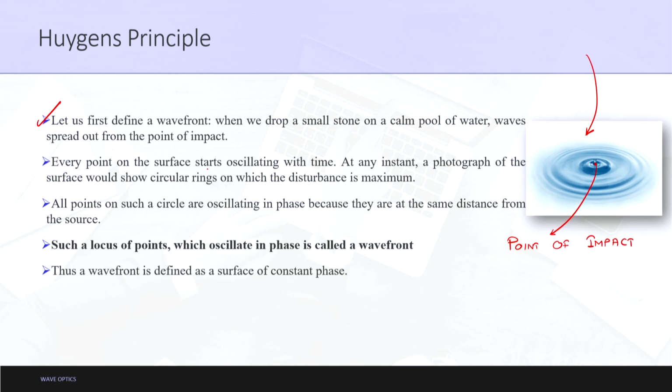Every point on the surface starts oscillating with time. This is the complete surface being talked about here. Everything on the surface starts oscillating, as in the movement, the displacement. Let us say this is the original calm pool of water.